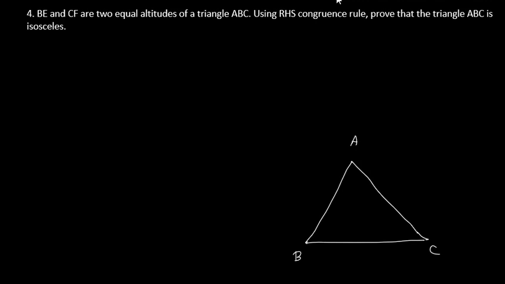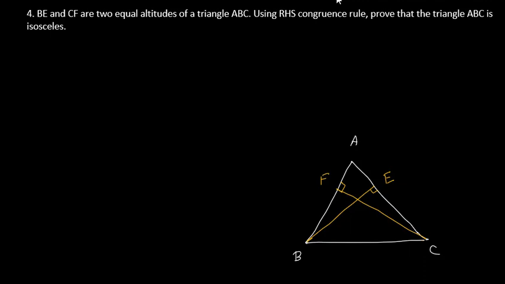So from here I will draw one altitude BE, and CF. So CF is one more altitude. BE and CF are two equal altitudes of triangle ABC. So they are equal.